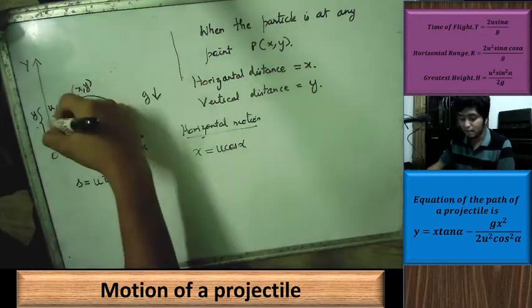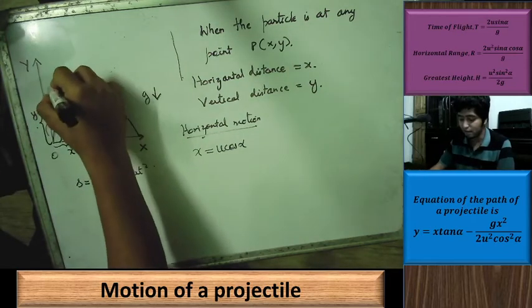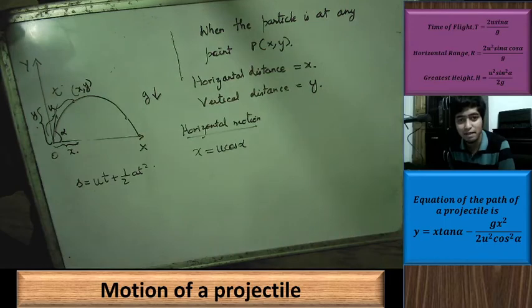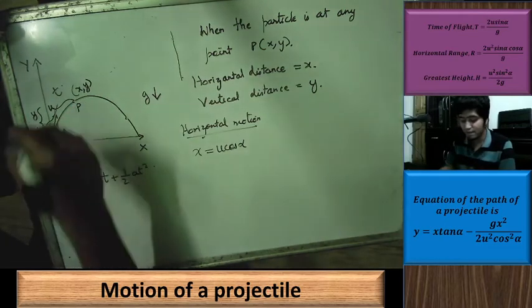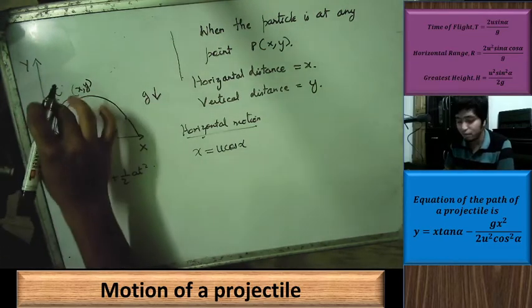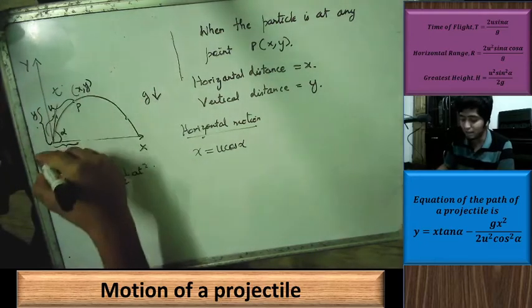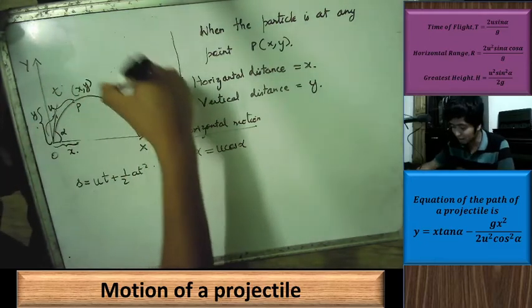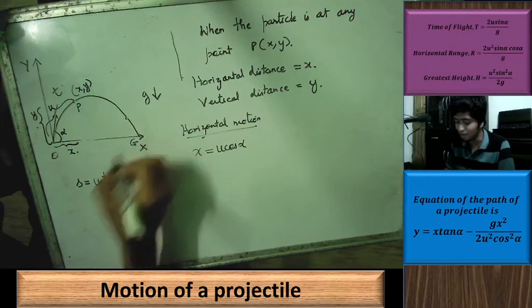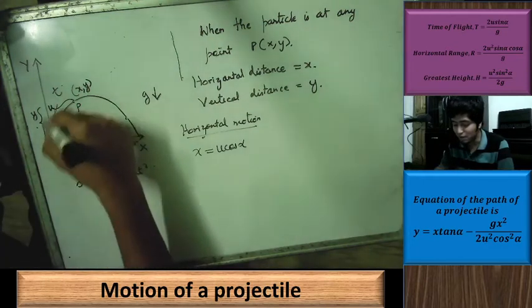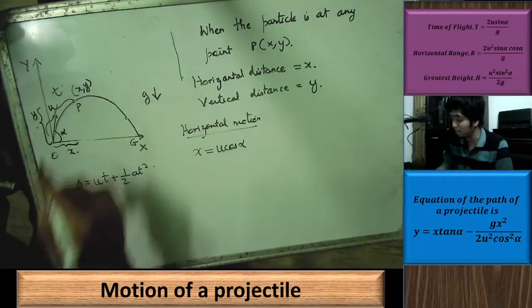Let t be the time taken from O to P. Do not confuse this small t with capital T. Capital T is the time taken from O to this point G, but small t is only to reach this point P.